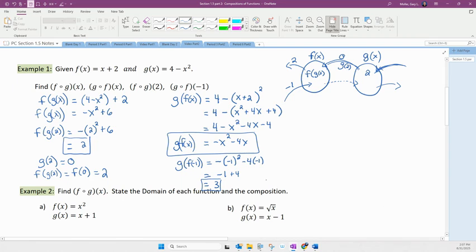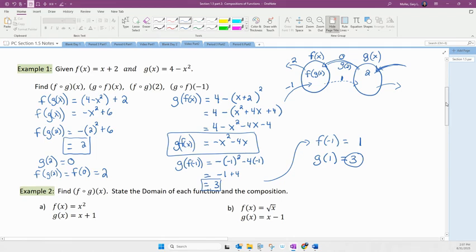So I could answer this question also by doing just what it says here, f of negative 1, which is negative 1 plus 2 is 1. So I plug in a negative 1, and a 1 comes out, which means that is now going to be the input of g. So then g of 1 is 4 minus 1 squared. 4 minus 1 is 3. And I get the same answer.